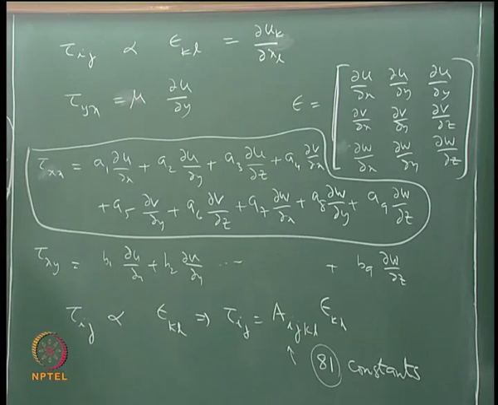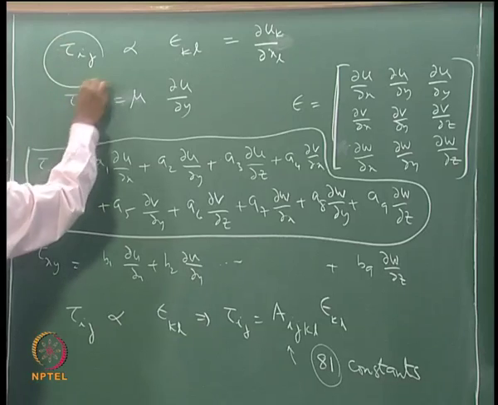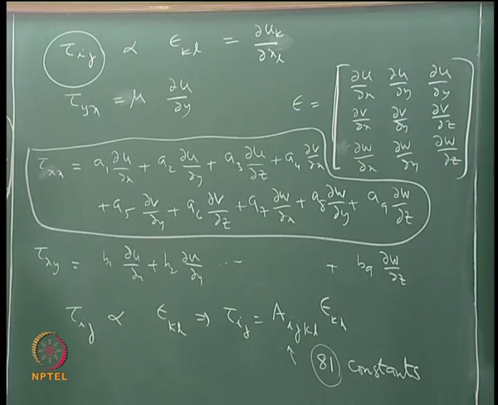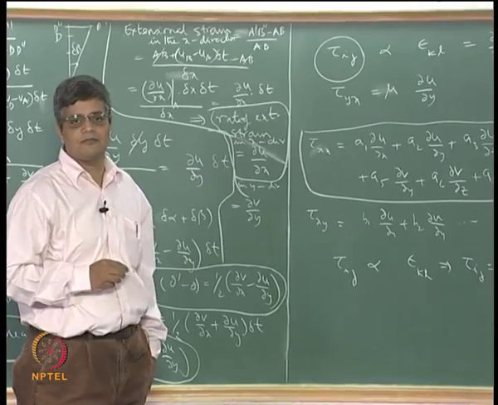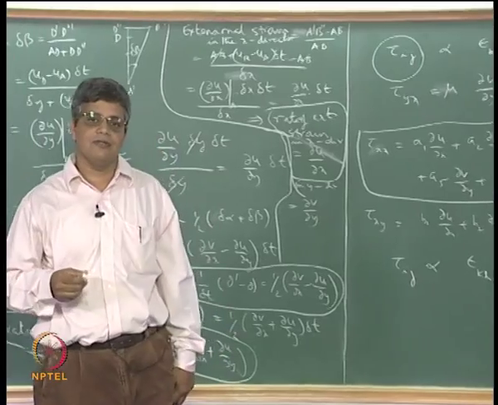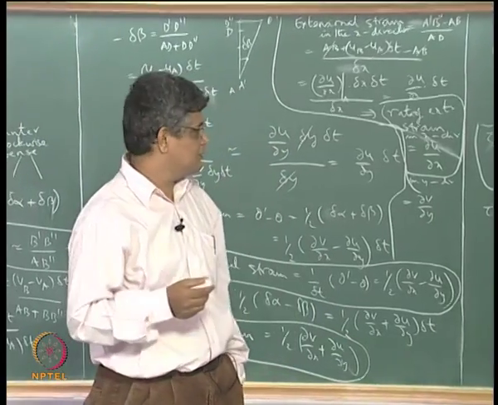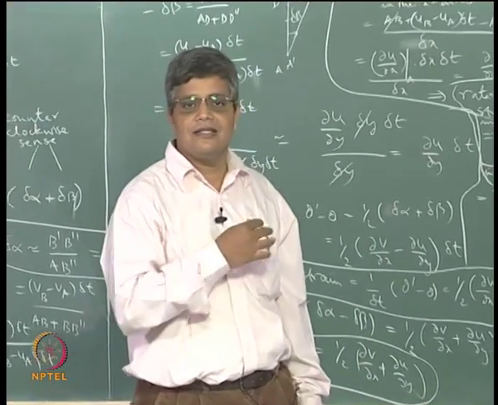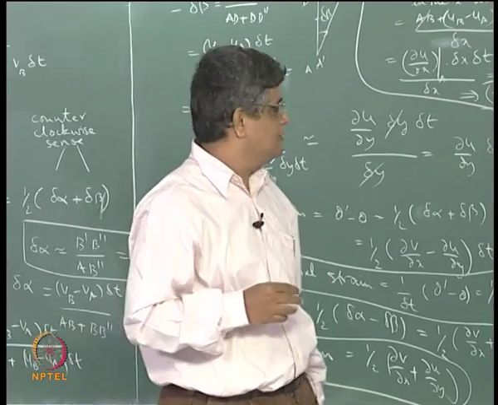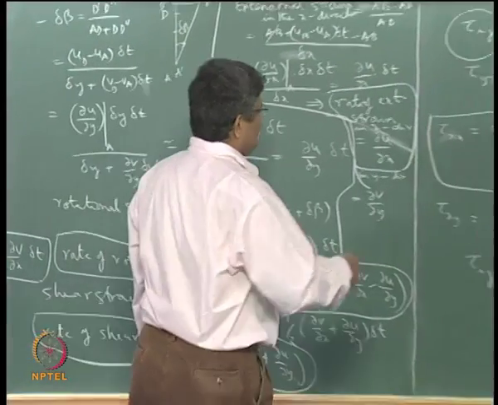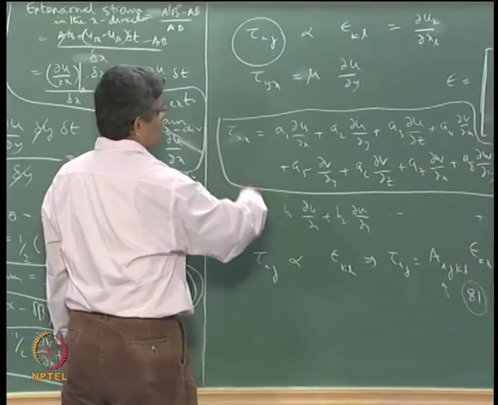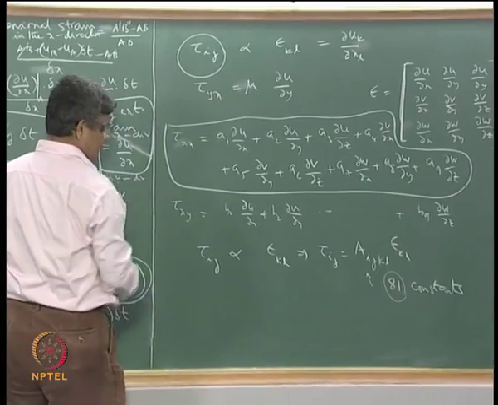It can be reduced to a much simpler level by noting certain properties of the stress tensor and the strain rate tensor. For example, although we have 9 components of this stress tensor, we know that the stress tensor is symmetric. If you apply the principle of angular momentum conservation, then we can show that the stress tensor is symmetric, and therefore instead of having 9 independent components, we will have only 6 components.